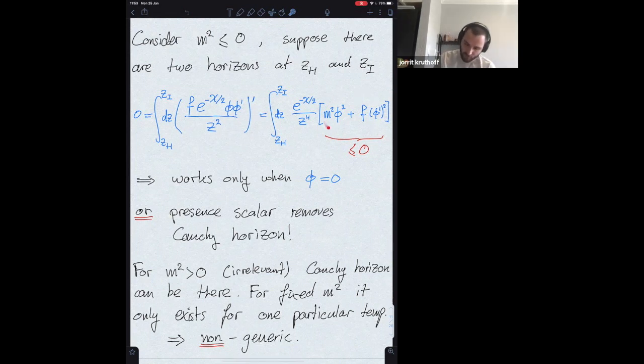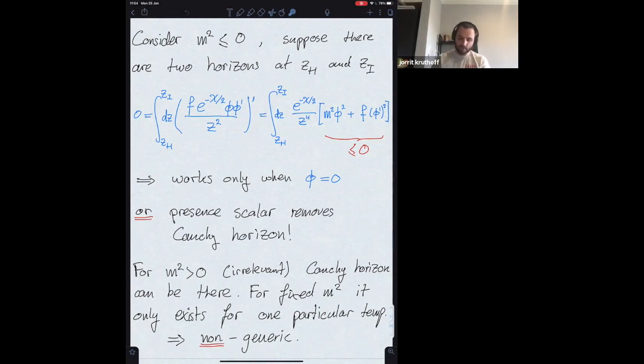So this quantity in square brackets is negative or zero, and this has to, of course, equal zero. So this would only work if the scalar field is absent, or we can't have two horizons, an inner and outer horizon, in the presence of the scalar field.